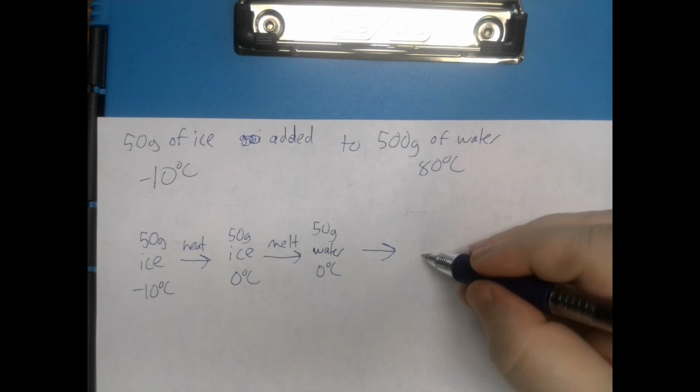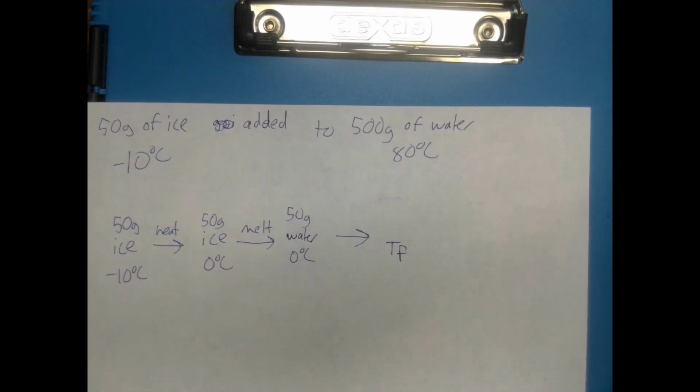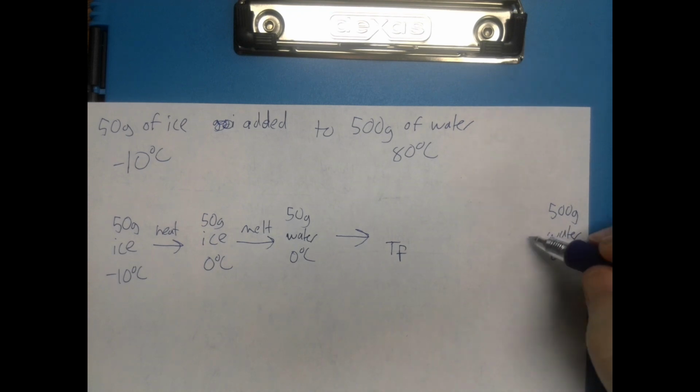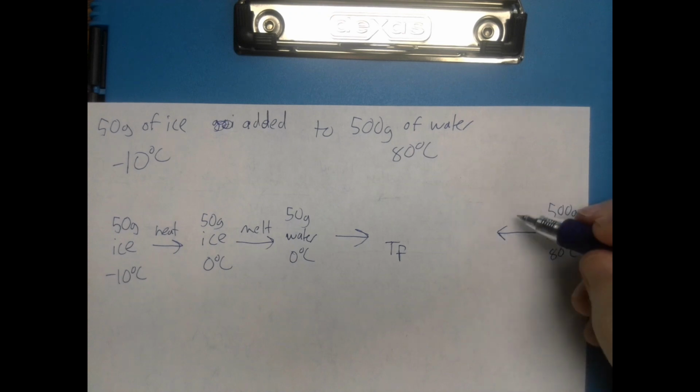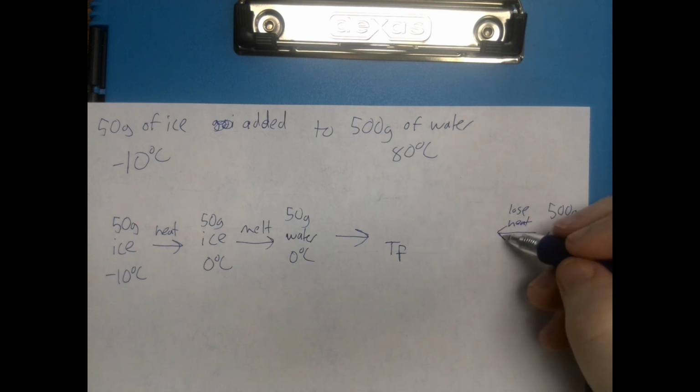And then it's going to go to some final temperature. On this side, we have 500 grams of water at 80 degrees Celsius. It's going to lose heat until it reaches some final temperature.